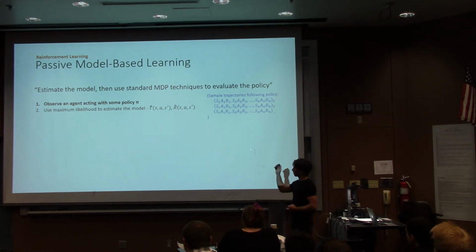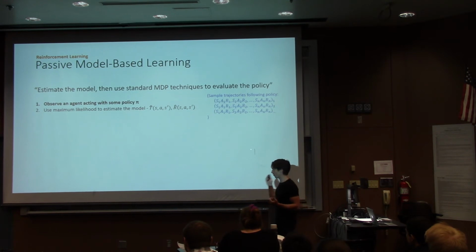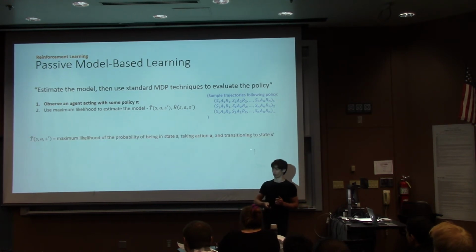Now, to get an estimate of the model, you're going to calculate the maximum likelihood of the transition function and the reward function. Now, you might be wondering, what is the maximum likelihood? You might not have even used that term when you learned it.